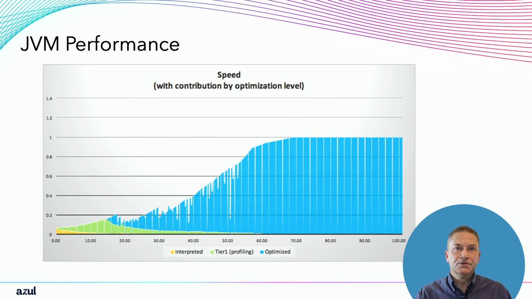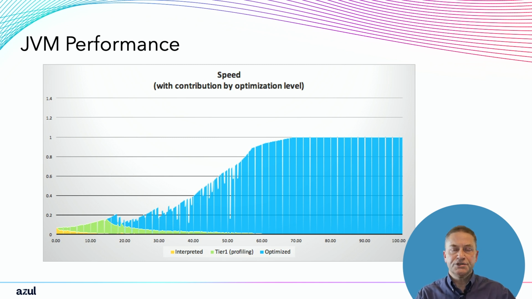To improve the performance of that, we use a just-in-time compiler, or a JIT compiler, that will take methods that are being used frequently and compile them into native instructions so that we don't have to interpret each bytecode. That improves the performance, but it takes time to find out which of those methods are being used frequently. We also have 2 different compilers that we use.